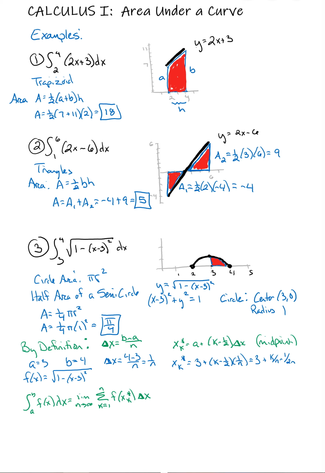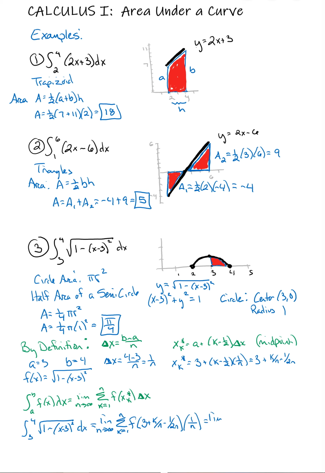So in order to determine this integral from 3 to 4, the square root of 1 minus x minus 3 quantity squared dx, we're going to take the limit as n goes to infinity of the sum, k goes from 1 to n, of f of x sub k star, that's 3 plus k over n minus 1 over 2n, and then multiply that by delta x, or 1 over n.